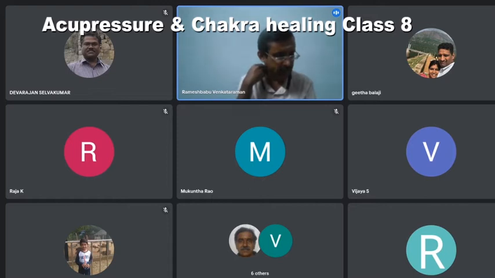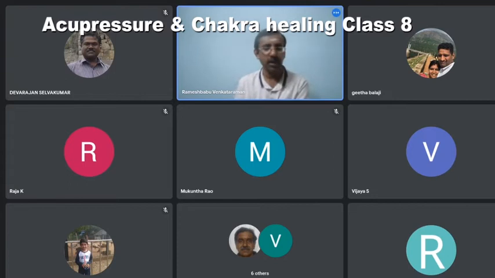So here also we have the alarm points. One is GB24, the gallbladder alarm point. GB25 is kidney alarm point. These are in the front actually.